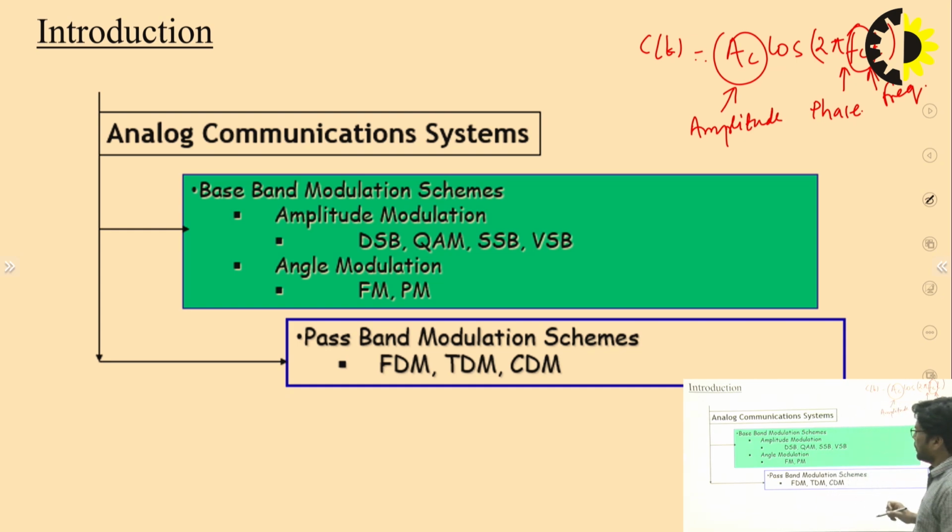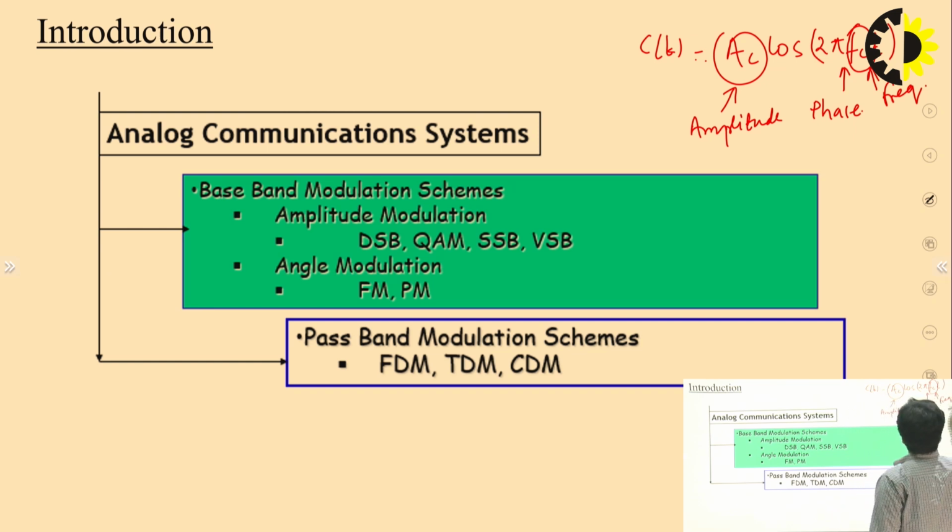In angle modulation, there are two possibilities to change the frequency, either directly or indirectly. If you change the frequency directly, it is known as frequency modulation. If you change the phase directly, it is known as phase modulation. That means if the angle of the carrier signal changes in accordance with the instantaneous value of the message signal, then this phenomenon is known as angle modulation.